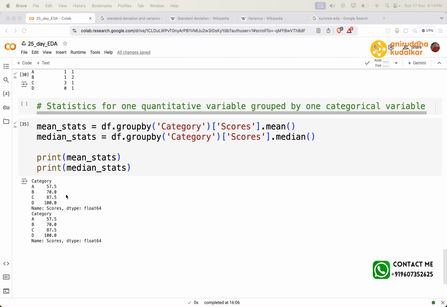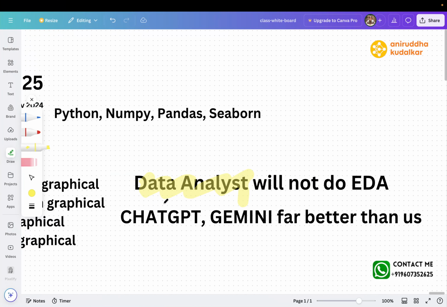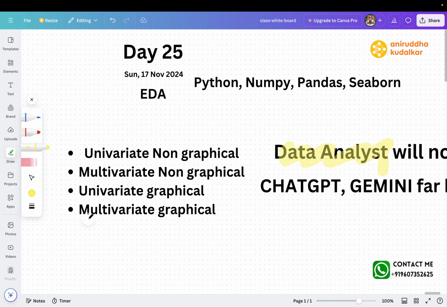This is the grouped statistics. Fine. So let's have a 5-10 minute break and we'll be back again. And then we will do mostly multivariate. If data is univariate, we will do graphical. Remember that.